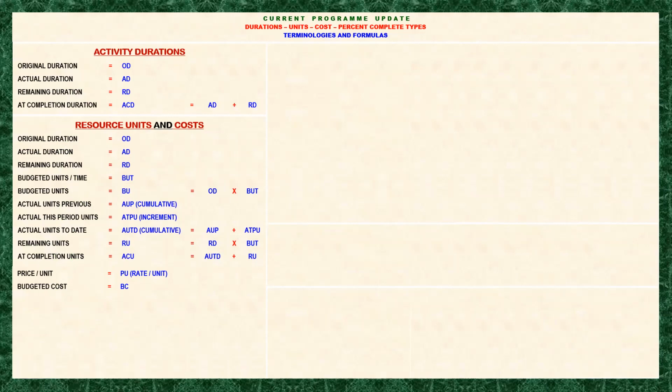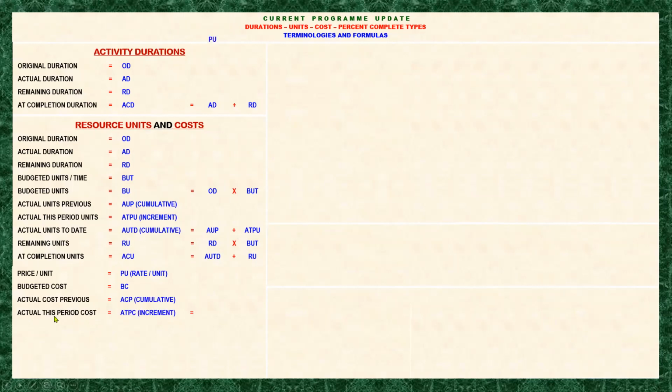So it is simply the price per unit multiplied by the number of units, right? In general, that is the way budgeted cost is calculated: the price per unit multiplied by a specific quantity of units.